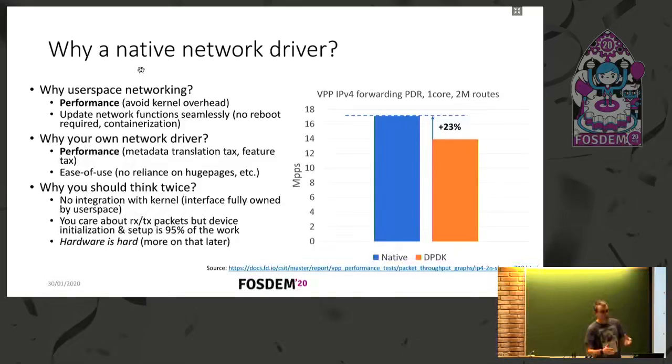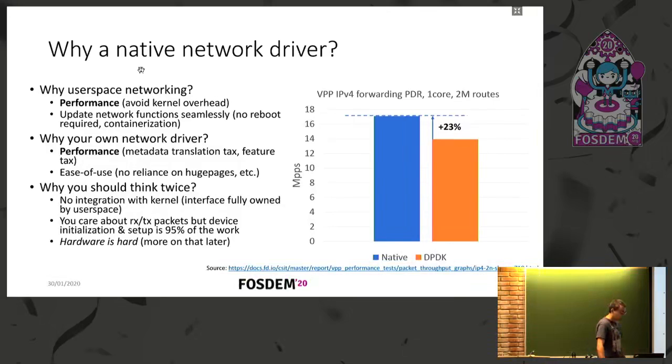So when you get a packet from another driver, you usually need to convert the bits describing your packet, such as the length of the packet, is the checksum good, this kind of stuff. In VPP, we have our own representation. In DPDK, they have their own representation. In XDP, you have another one. So you need to translate between them, and that costs some performance.